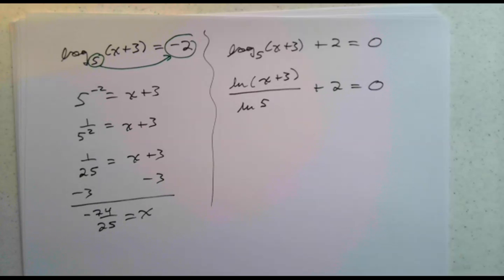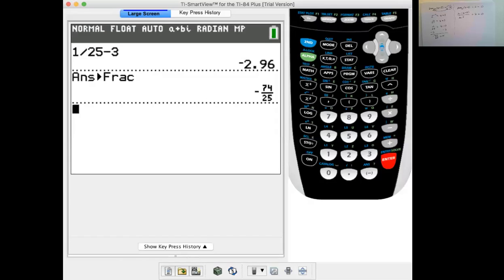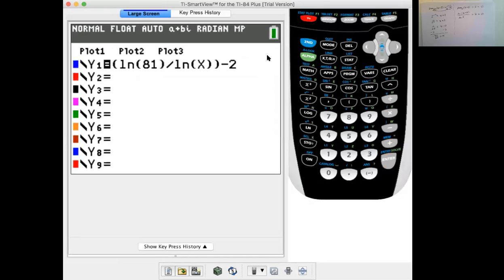So let's do that. And what do we have? We have natural log of x plus 3. So I'll save myself some work here. I'm just going to type over what I had before. So I have x, insert button enables me to add stuff in there.